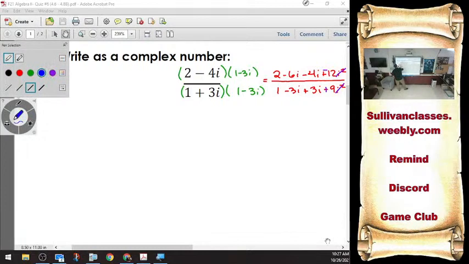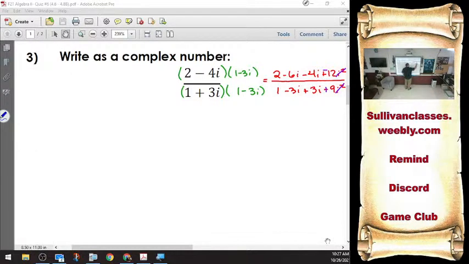Combine like terms. Say 2 minus 12, negative 10. Negative 6i minus 4i is minus 10i. Oh, forgot those cancel out. 1 plus 9 is 10.